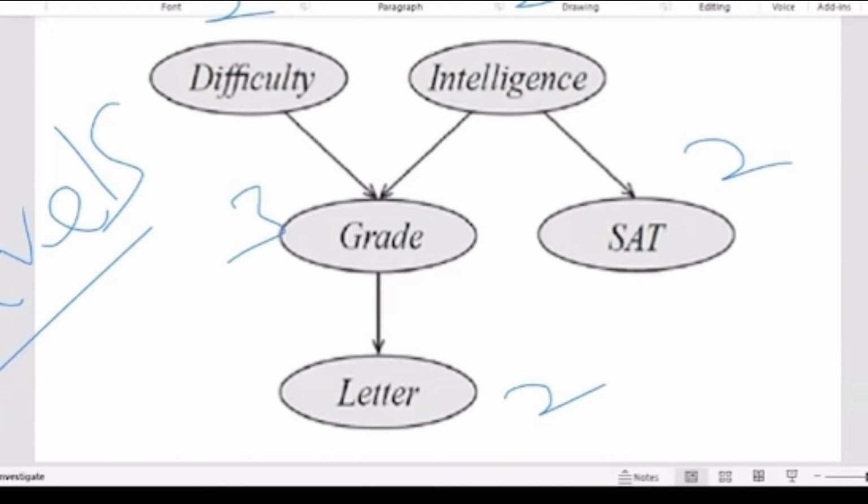If I don't want to use graphical structure, if I want to assume absolute independence, do you know the number of parameters we're going to have? It will be huge. Multiply all of that. 2 times 2 is 4, 4 times 2 is 8, 8 times 3 is 24, 24 times 2 is 48, 48 times 2 is 96 parameters.